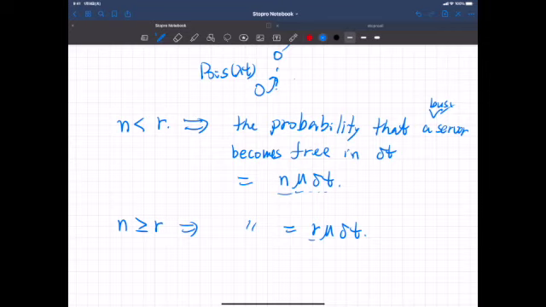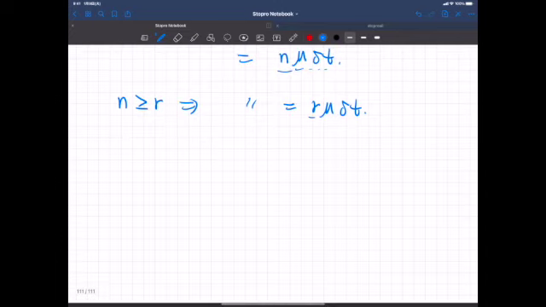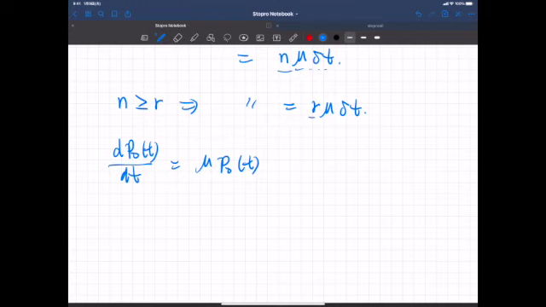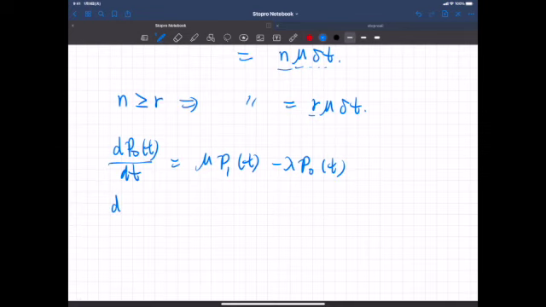So based on these assumptions, I will just give you the differential difference equation derived from this model as a result, and you should try to derive them based on the same argument as the single server case. So P0'(t), actually this is the same as the single server case: minus lambda P0(t) plus mu P1(t). And here is something different.